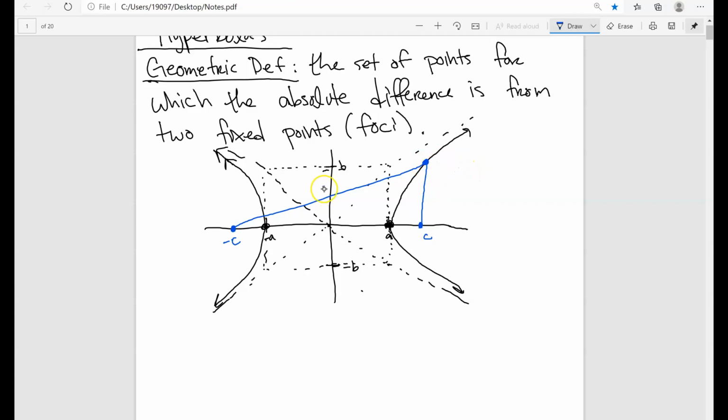So the distance, let's say this is D1 and D2, basically the difference between the distances is going to be constant. Okay, and with not that hard math, you can see that it's also going to be equal to 2a, just how we had it before with the ellipse. So this is one that's going off along the x-axis.